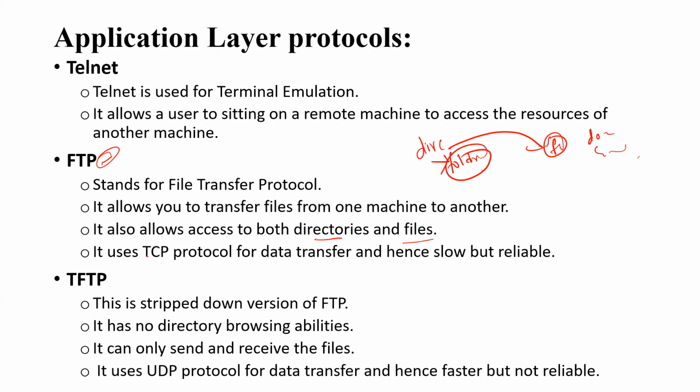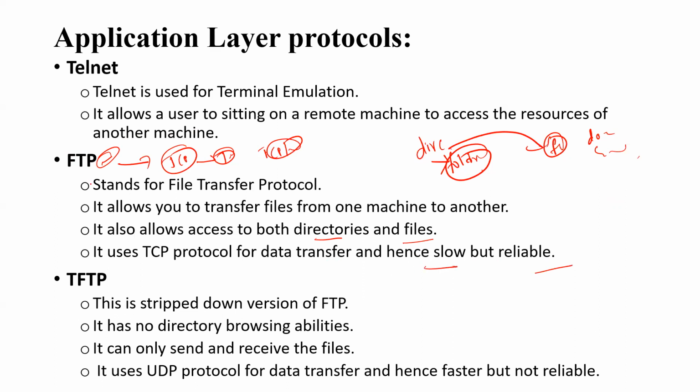This FTP protocol is a TCP protocol. TCP is the Transmission Control Protocol, so we have reliable connectivity. When we discuss TCP and UDP, I'll tell you what reliable connectivity is and why it is slow.